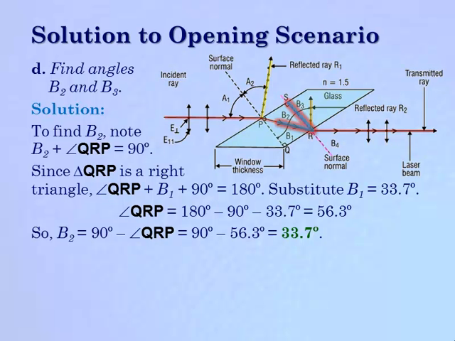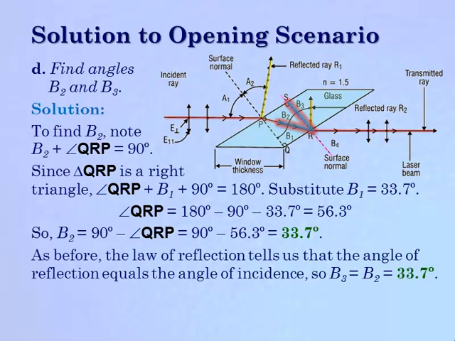All right, now that we know angle QRP, we should be able to calculate B2. B2 is equal to 90 minus QRP, or in this case, 33.7 degrees. As before, we can quickly identify B3 because this is a reflection, just like we saw up here, and we've learned that the angle of reflection equals the angle of incidence.